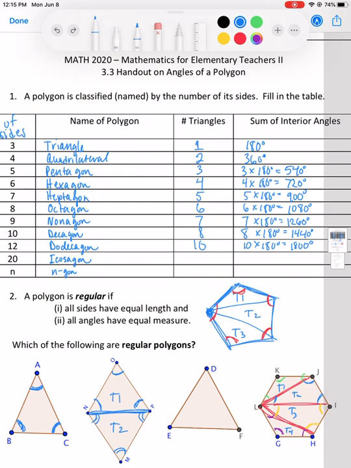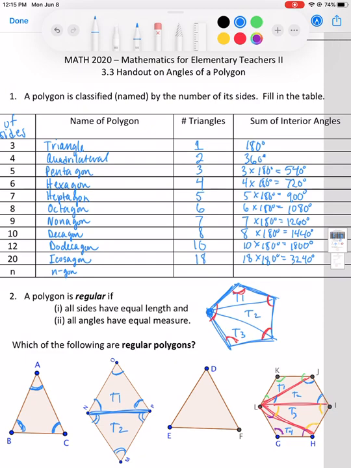The difference between the number of sides and the number of triangles is 2. So the icosagon can fit 18 triangles, and 18 times 180 is equal to 3,240. So all of the angles in an icosagon add up to 3,240 degrees. If you put them all together, then it would be more than circles.